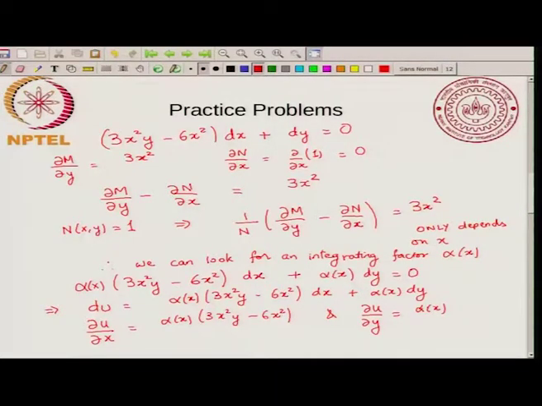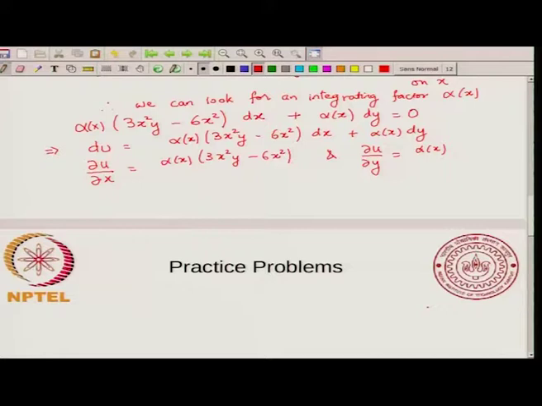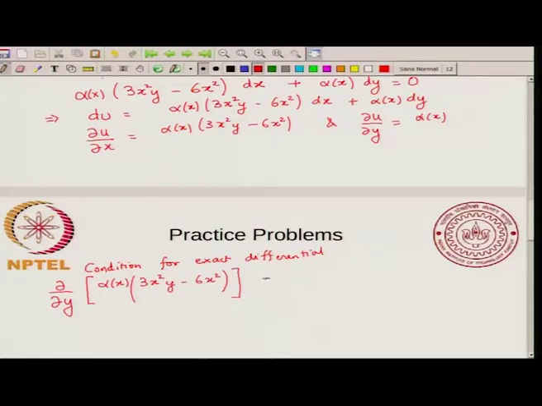Okay. Now, we will come to this a little later, but let us go back to the condition for exact differential. So, the condition for exact differential says that dou by dou y of alpha of x times (3x square y minus 6x square) should be equal to dou by dou x of alpha x.